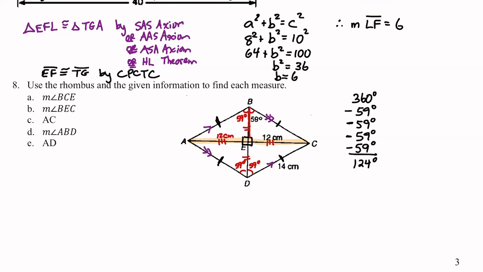All right, now these two opposite angles, this one and this one, are going to be congruent. But again, if they're going to get bisected, that means that these two angles have to be the same.